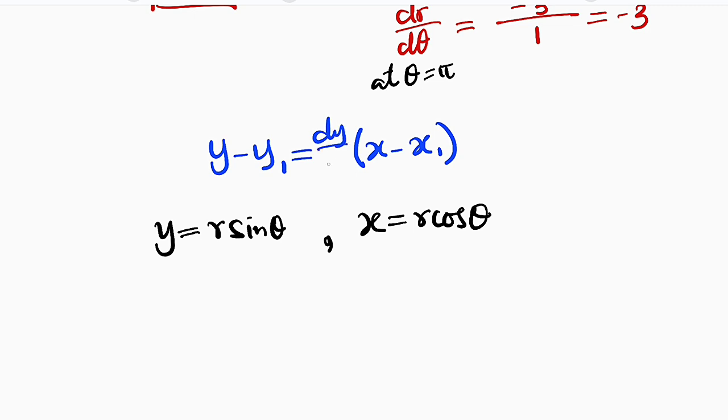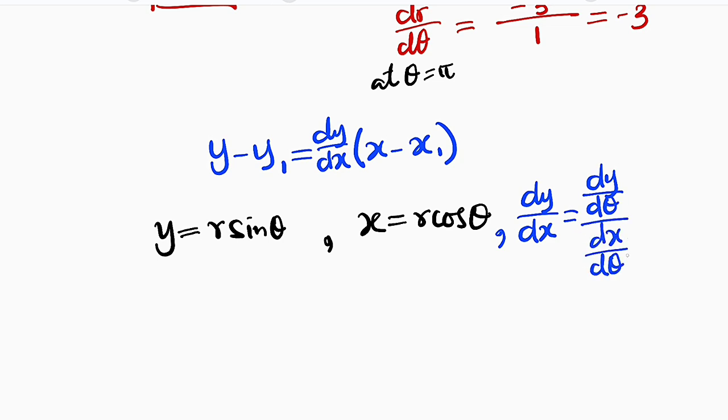Therefore, we can say that dy over dx, if you want to interpret it in polar coordinates, is going to be dy over d theta divided by dx over d theta. D theta will cancel d theta.